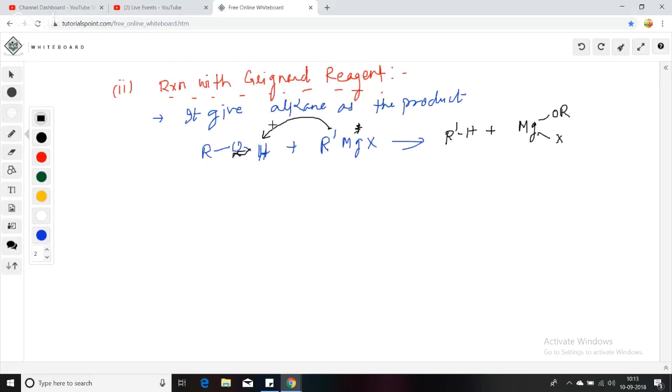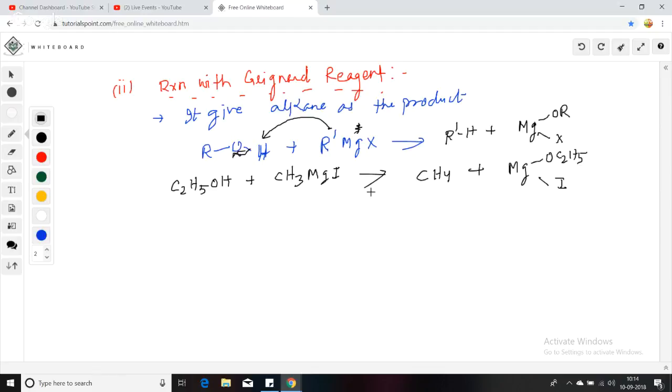If I write down one specific reaction, suppose we have C2H5OH plus CH3MgI. This H and this CH3 combine, so we get methane, CH4, plus Mg OC2H5 and I over here.